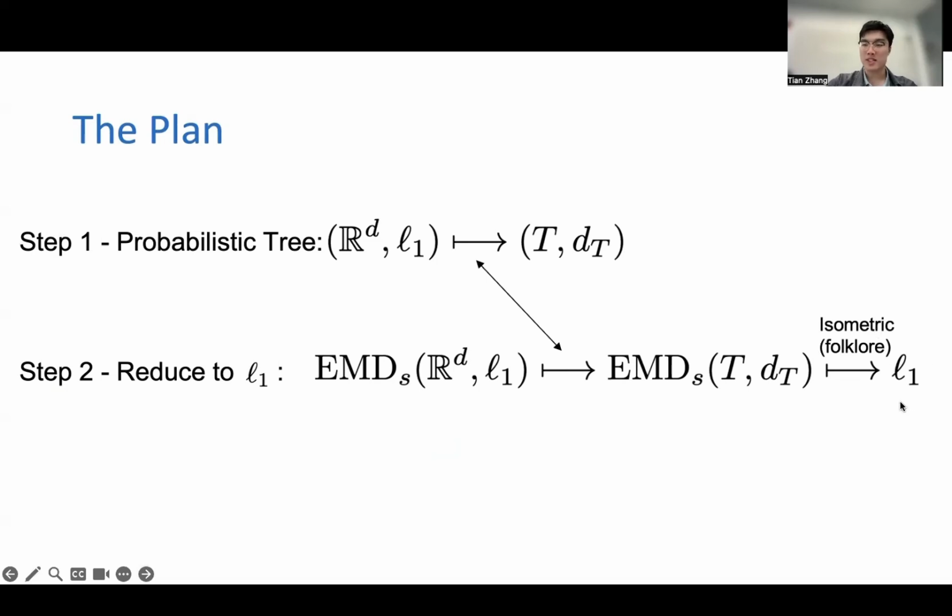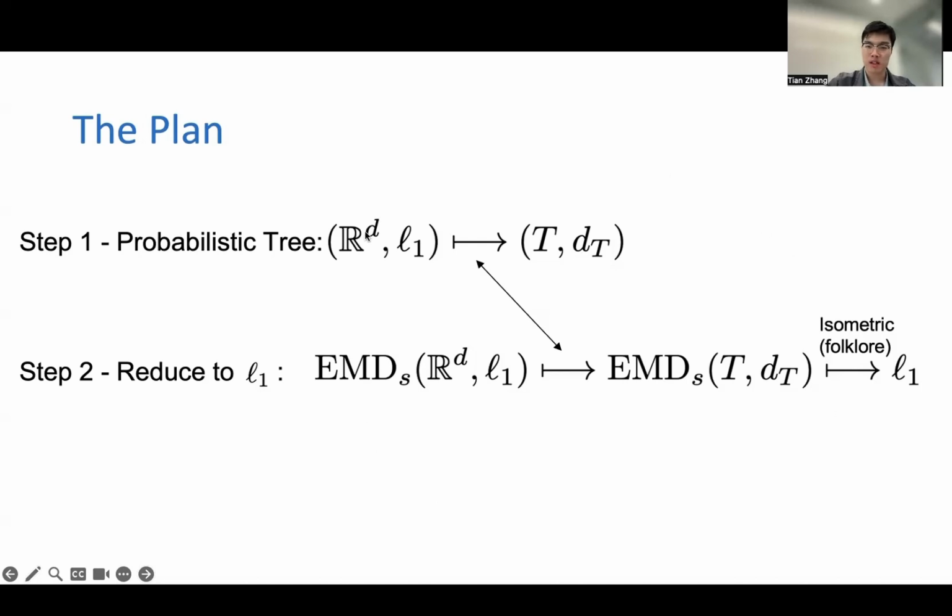Then we can use Indyk-Motwani LSH for L1. The isometric embedding here basically follows the same spirit of the greedy algorithm I just showed you. I won't dive into the details. To conclude, the game here is really to come up with probabilistic tree embeddings with small distortion to take care of this part.